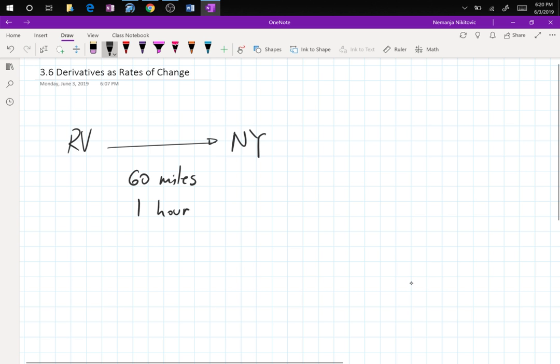You would calculate your average velocity by dividing 60 miles by 1 hour to get 60 miles per hour. Are you always going 60 miles per hour?